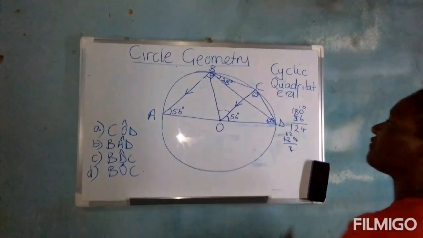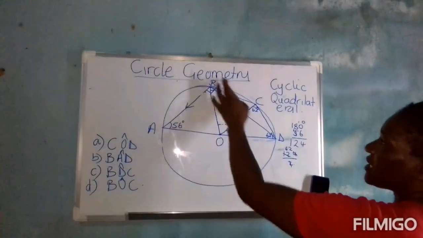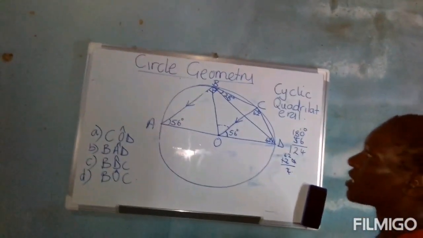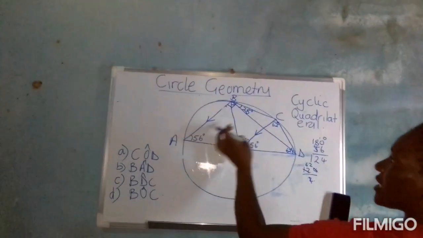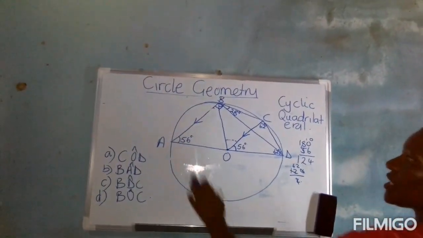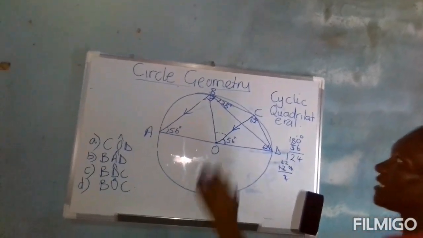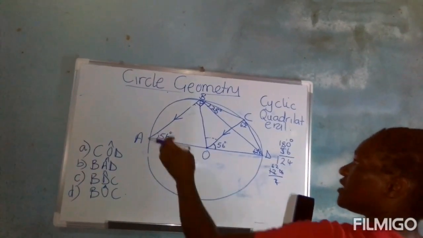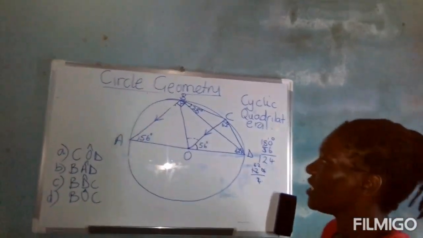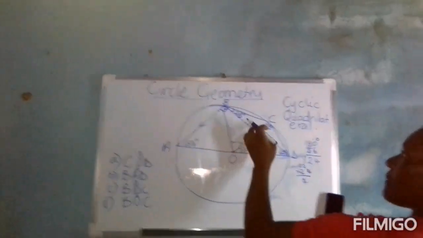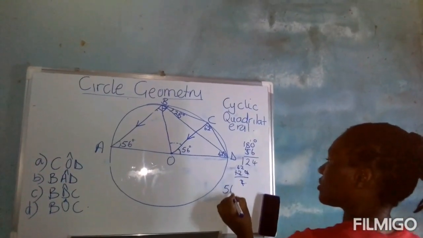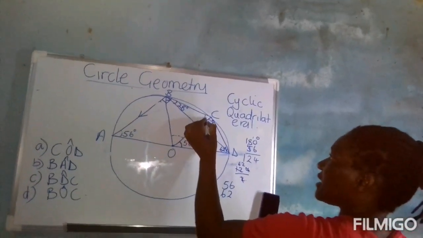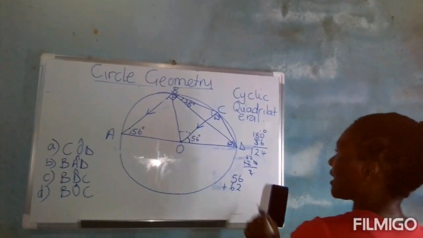Right, so if we look closely there, we have a cyclic quadrilateral. For us to find these remaining angles, we are saying opposite angles of a cyclic quadrilateral should add up to 180. These two should add up to 180. These two should add up to 180. So this 56 plus this 62 plus 62 plus this remaining part should add up to 180.